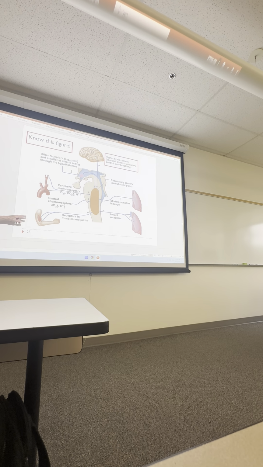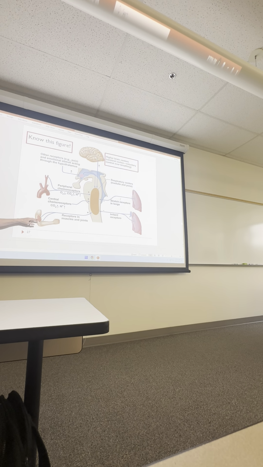Now, how about this one? Receptors in our muscles and joints, increasing our respiratory rate. What's that about? Like exercise? Oxygen to ATP. You exercise, what are you producing? CO2. What's CO2 going to do? Increase your respiratory rate.